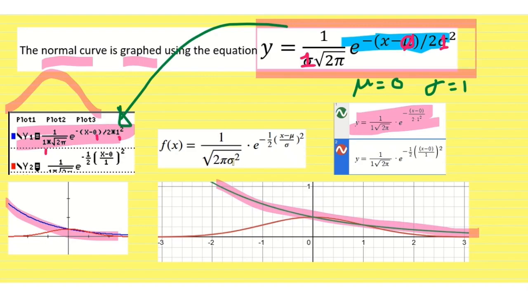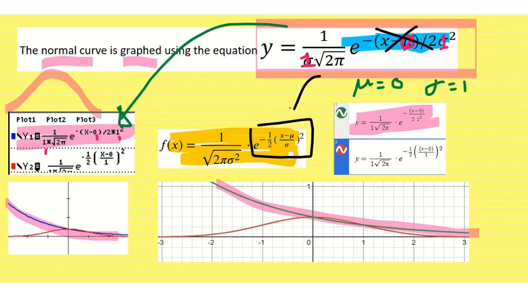But I found this version of the normal curve equation. This one is a much better setup. This piece right here is where we needed to change it up. So I rejected this setup and I replaced it with this setup. And when I did this in the TI-84, I did it right here. Kind of cut it off right there, but this right here is just identical to that piece right there.